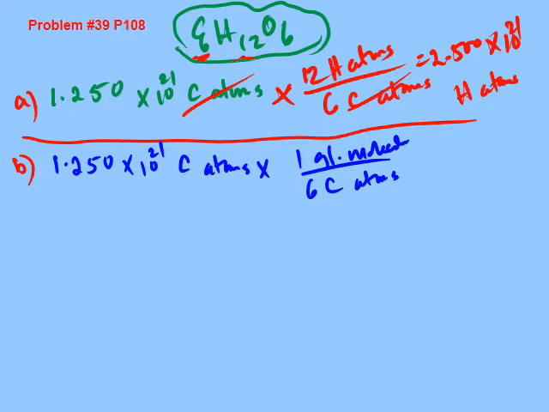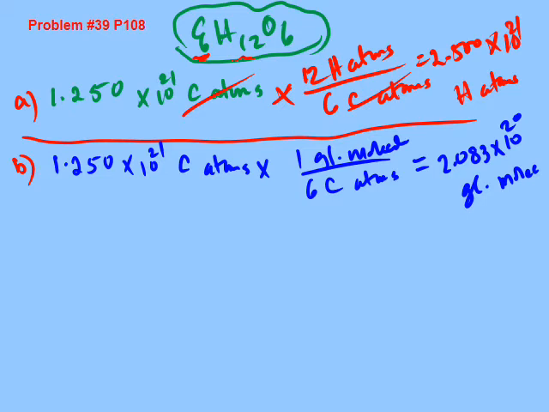That would let me calculate the number of glucose molecules. So what I get is the following: 2.083 times 10 to the power 20 glucose molecule.